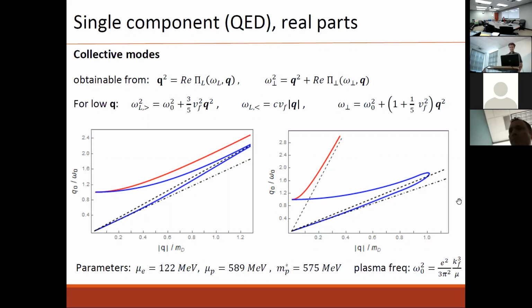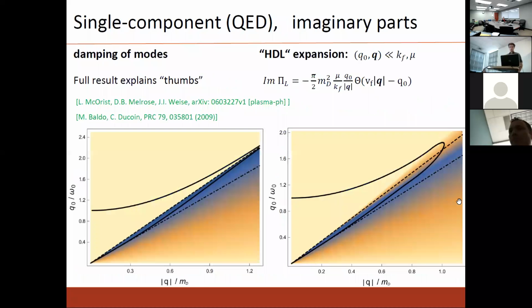So let's continue. Why is that thumb-like structure coming up? You can calculate the imaginary part in the hard-dense loop approximation. That's basically assuming that your energies and momenta are small compared to the chemical potential and the Fermi momentum of the particles. And then what you will find is a sharp cutoff at q0 equal to vF times q.